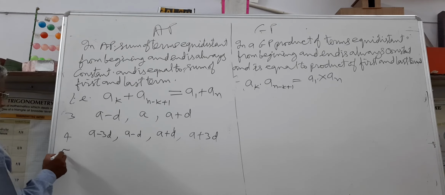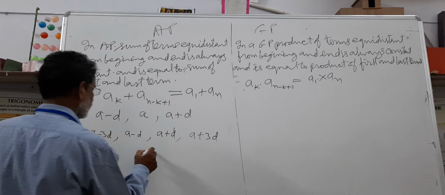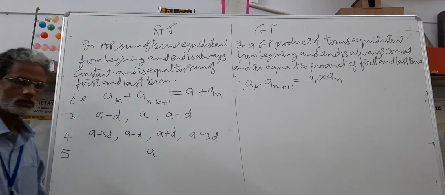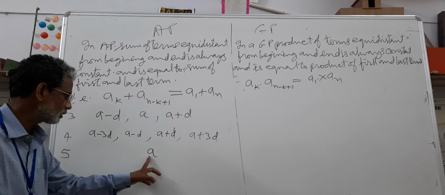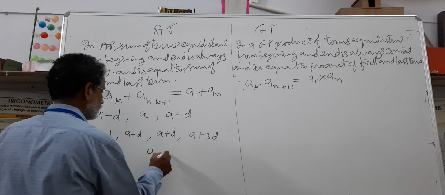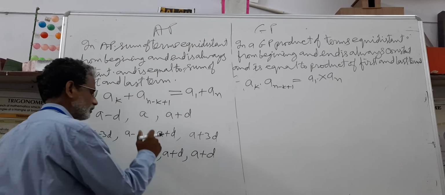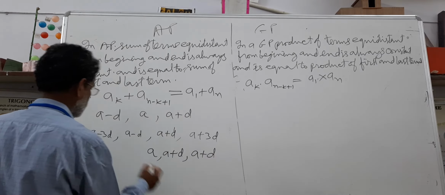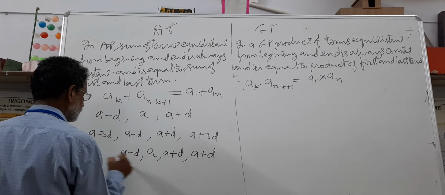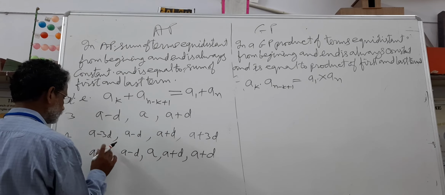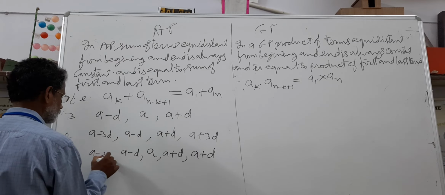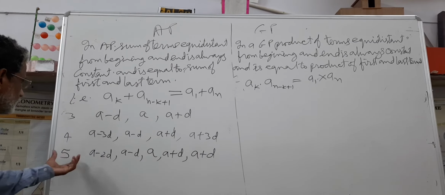But if the number of terms again becomes odd, that is 5, the controller comes again. The central term is A, add D, again add D, 50% left, 50% right. Subtract D, subtract D. These are the terms of AP.